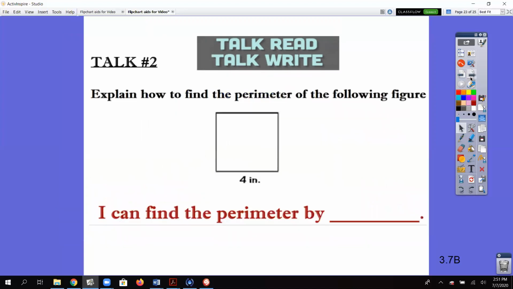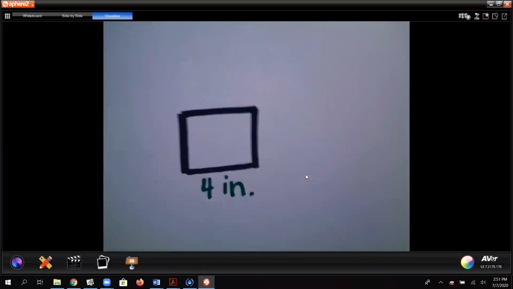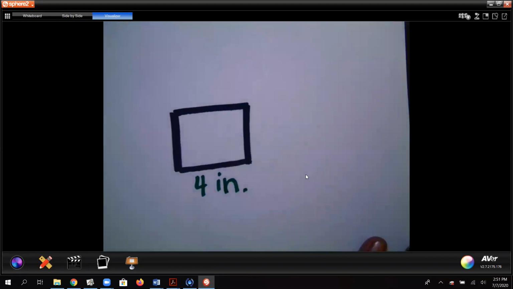Okay, talk number two would be: explain how to find the perimeter of the following figure. Now that they brainstormed and were thinking on their own, you actually provide an example with numbers, and you would have them try to solve this, or you can solve it together, however you'd like. So I have it here. The first thing I would say is, what figure is this?